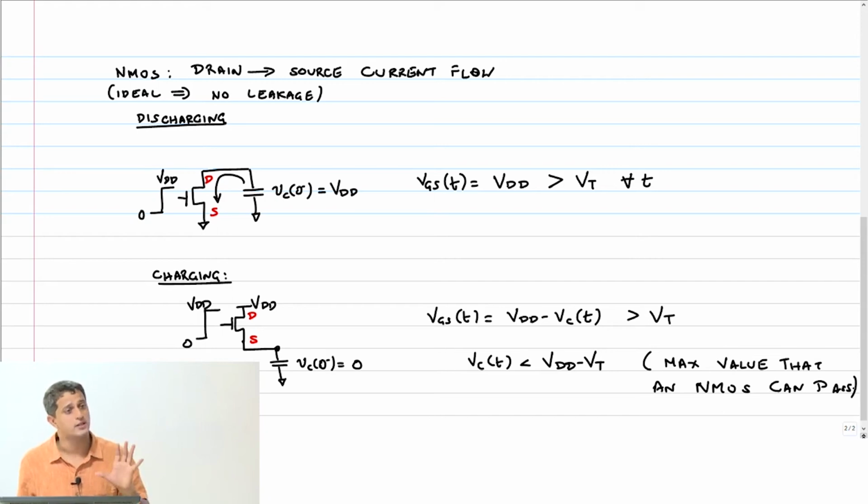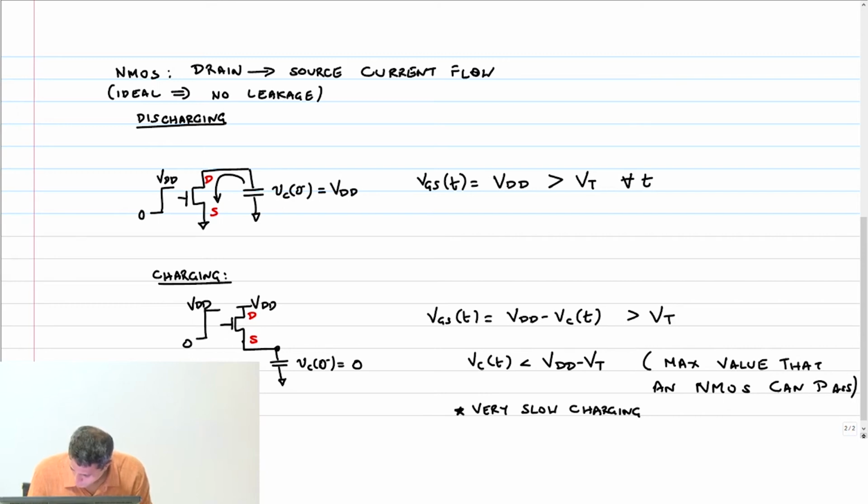So not only is it a logical problem, I don't have rail to rail swing, charging is also extremely slow. Very slow charge. Okay, any questions here? Identifying the drain and source is the most key thing that you have to do in this analysis.